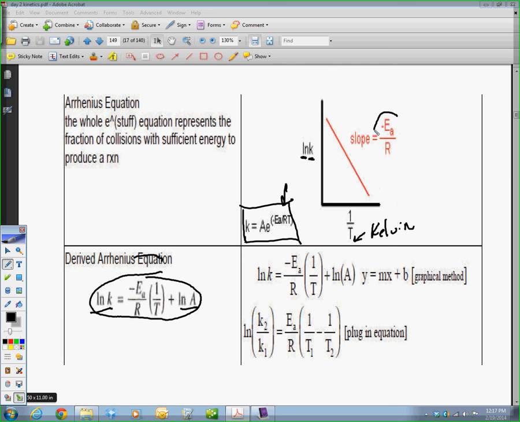And the slope of that line can help you get the activation energy of your reaction, because if you take the slope of that line times negative R, so times negative 8.314, you can actually get the energy necessary for your reaction to take place, called the activation energy. So you can mathematically get the activation energy. So what you need to know is what plot could get you that, and what you would do with the slope of that line.